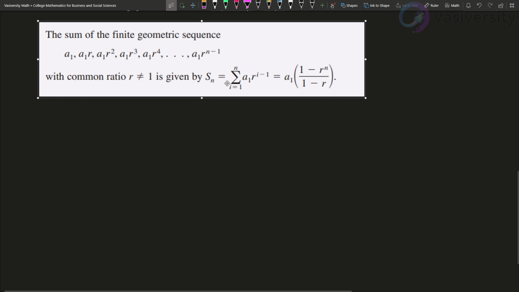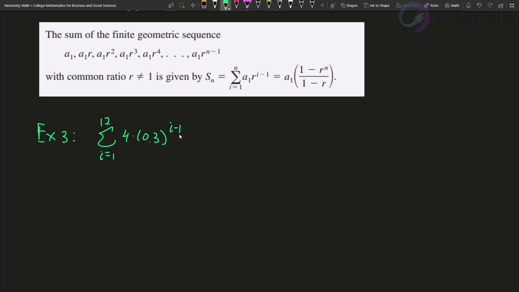An example would be, let's do example 3. If we have a sum from i equal to 1 to 12 of 4 times 0.3 to the power of i minus 1, essentially it's 4 times 0.3 to the power of 0 plus 4 times 0.3 to the power of 1 plus and so on, plus 4 times 0.3 to the power of 11.